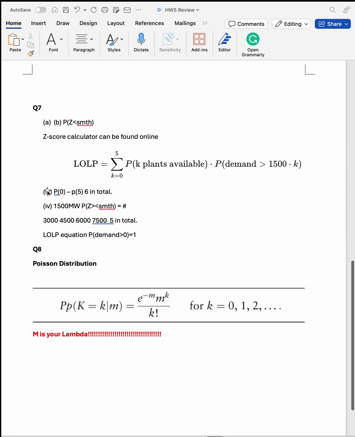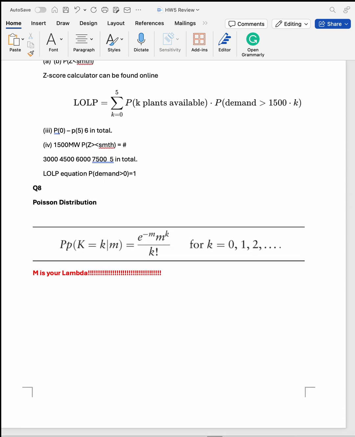Alright, let's move to the last question. The last one is the Poisson distribution. I'm pretty sure you can find this equation in your lecture notes, but just remember that this little m right here is your lambda, which is equal to 1.